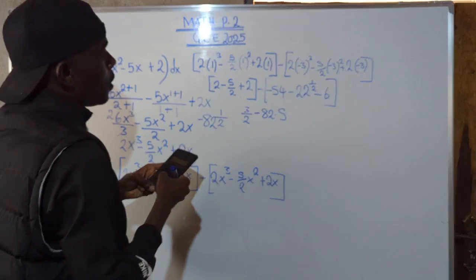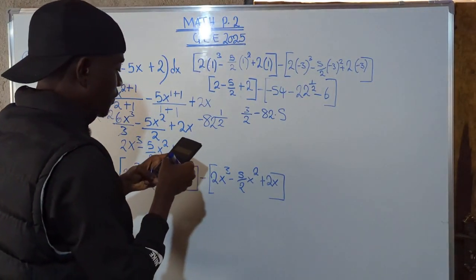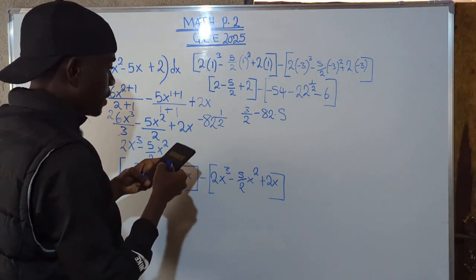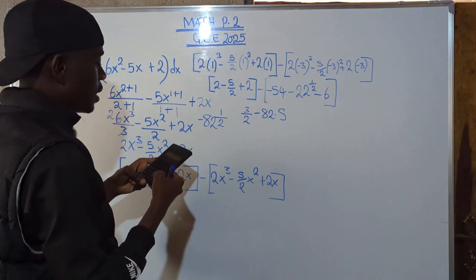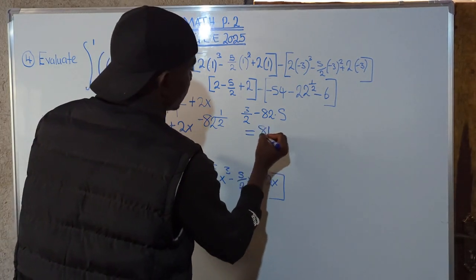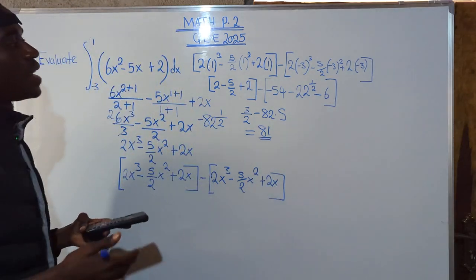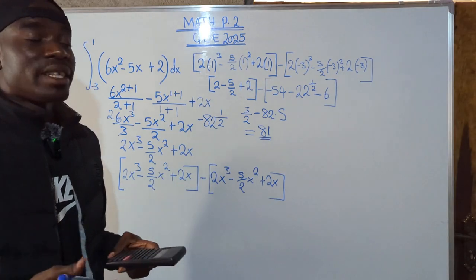So from there you are able to do your calculations. So what is 3 divided by 2 minus 82.5? And of course your answer is basically going to be negative 81. So this is how you evaluate this particular question if your calculator is actually allowed.